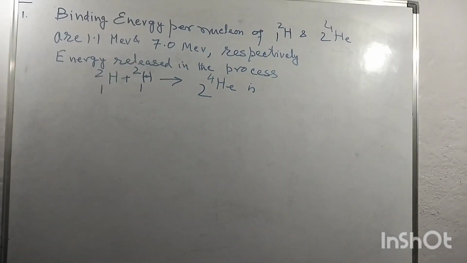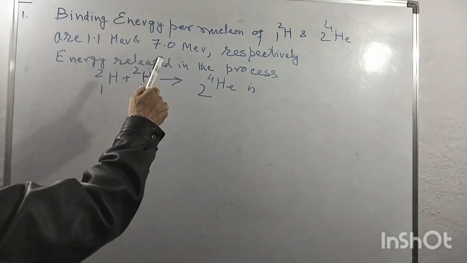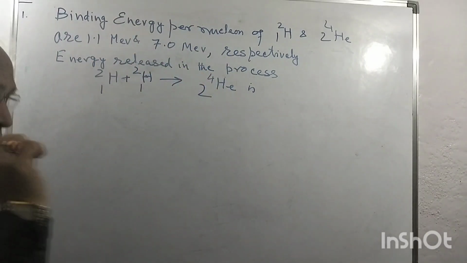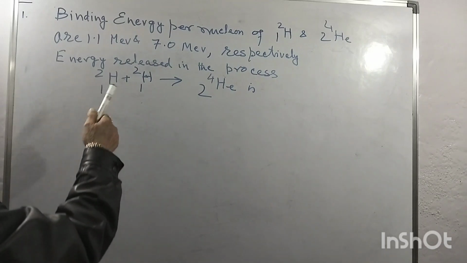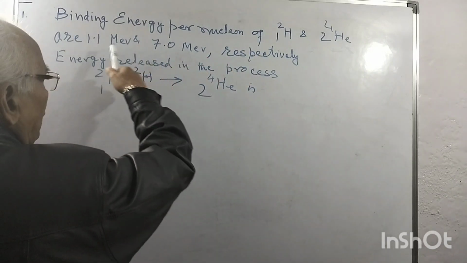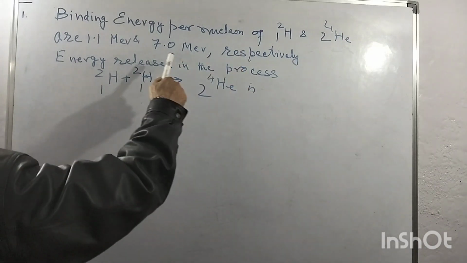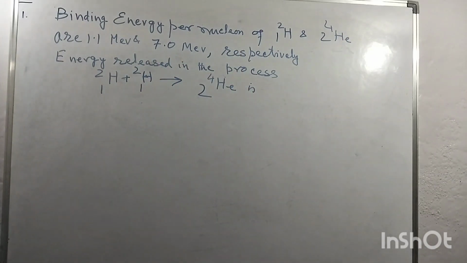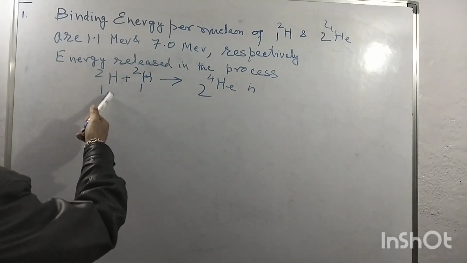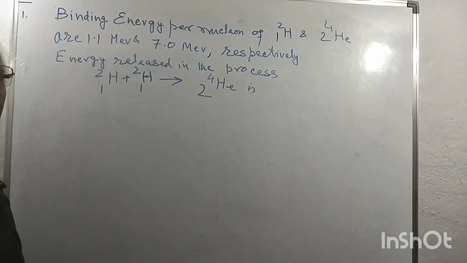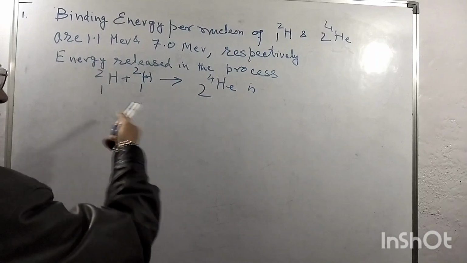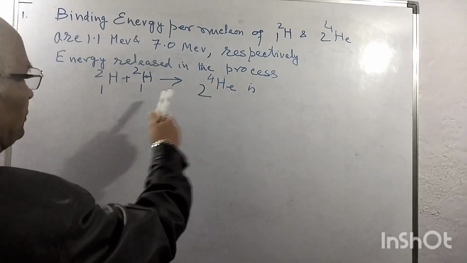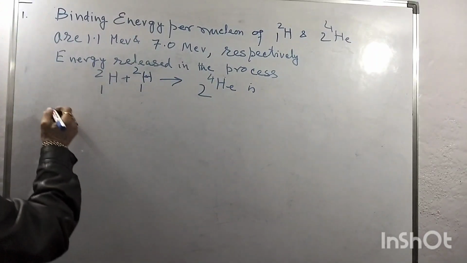So this is the multiple choice: the binding energy per nucleon of deuterium is 1.1 MeV and of helium-4 is 7.0 MeV. So this process, the fusion of deuterium and deuterium, gives helium. So how much energy is released in this process?